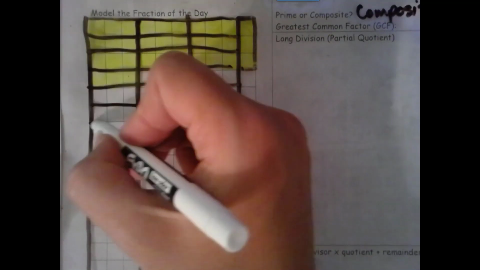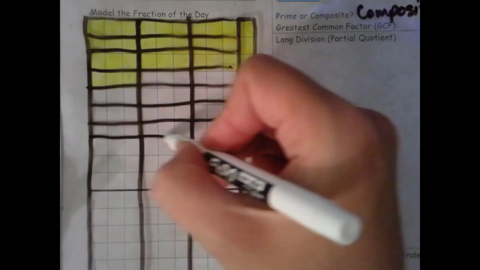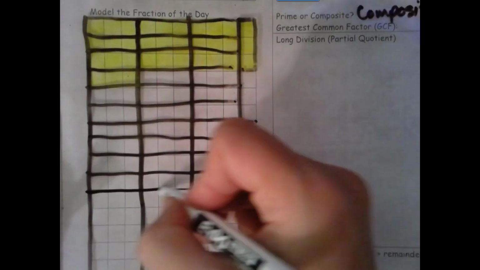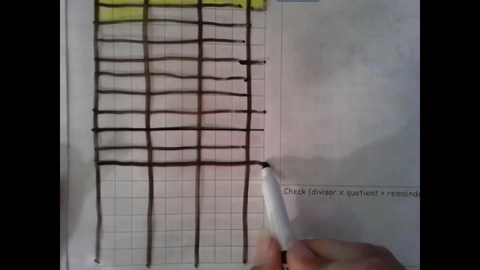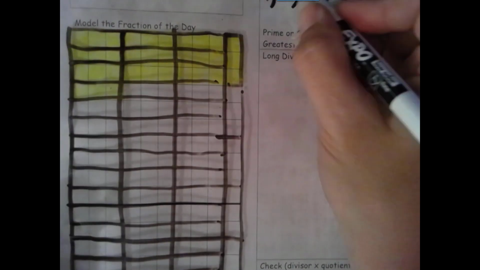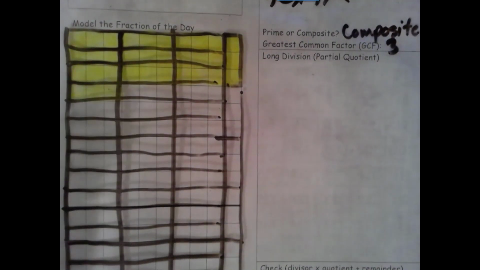Your groups do not have to look like mine. Alright, so 3, finally, one that works. 3 is our greatest common factor.